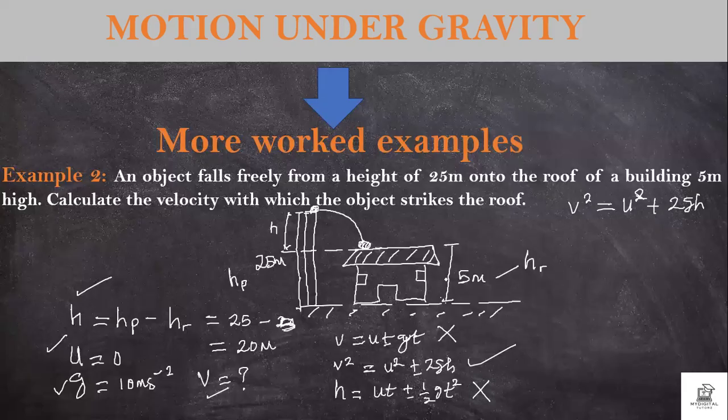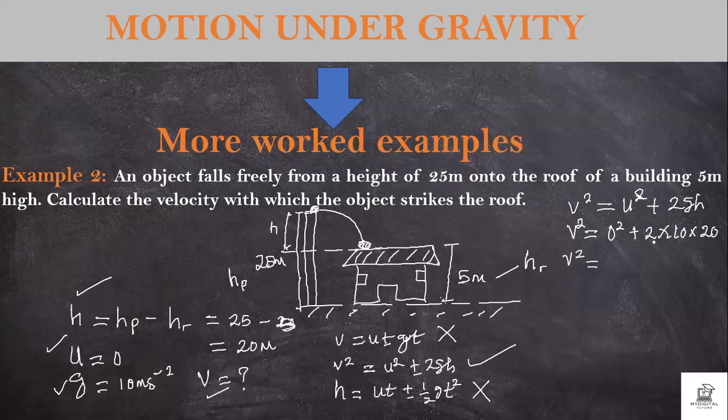So now what are we looking for? We're looking for v. So v squared is equal to u, which is 0. So I have 0 squared plus 2 times 10 times h, which is 20. 0 squared is the same as 0.